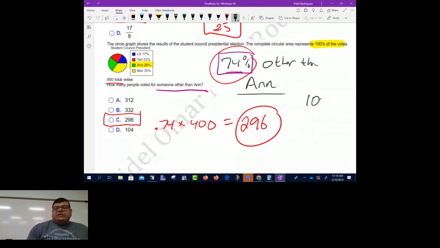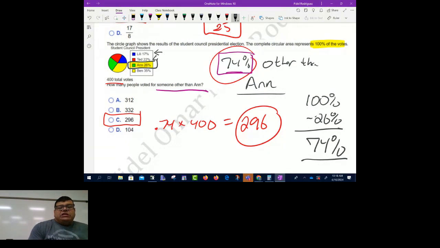So, y'all, if I take 100%, and I take the 26% of the people that voted for Ann, and we subtract those people off because we don't want Ann's, we still get 74%, right? So we can either add the 17, the 22, and the 35, or we can take 100% and subtract off how many people voted for Ann, and this tells me the percentage of people who voted for somebody besides Ann, right?